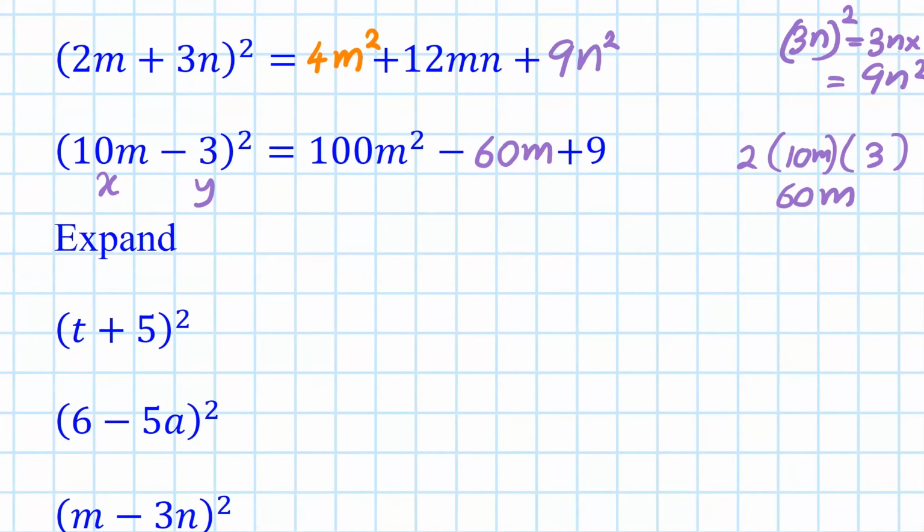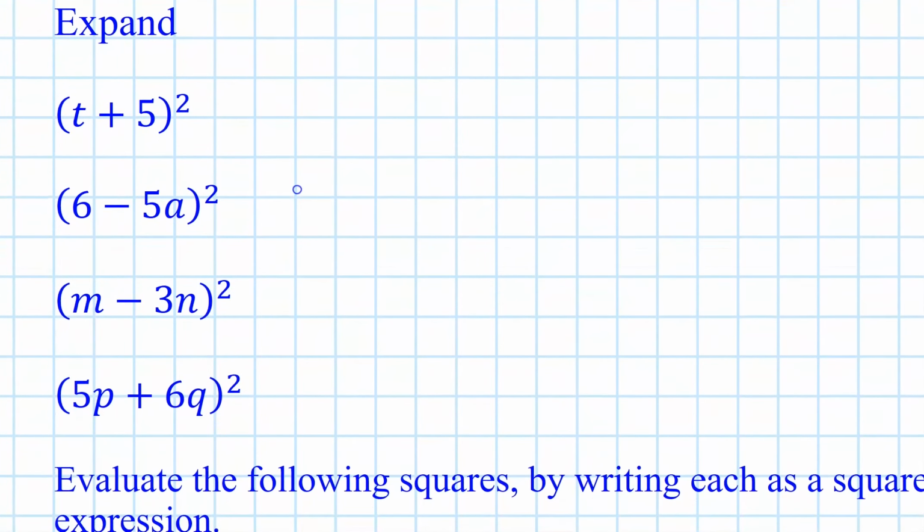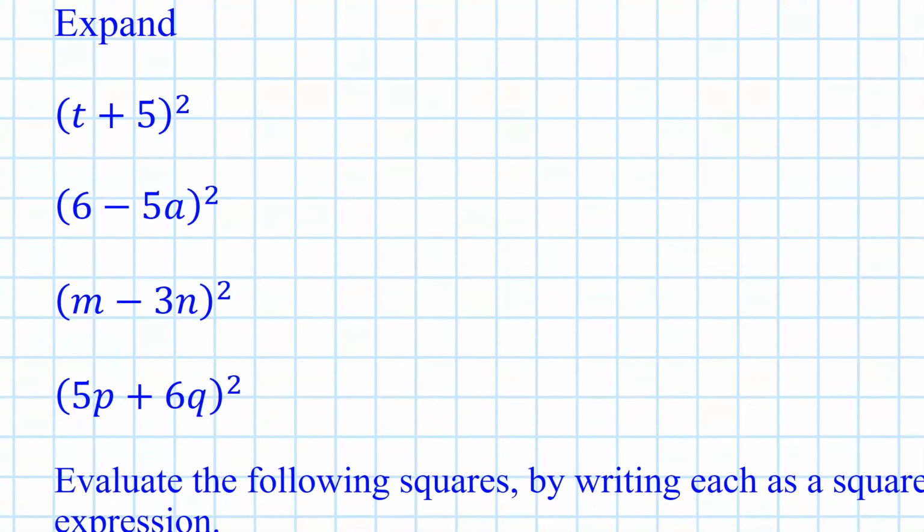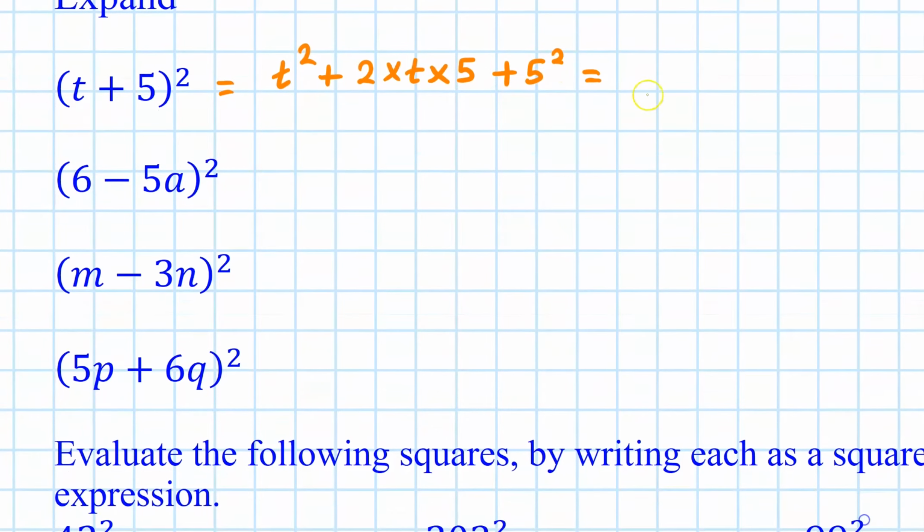Okay, let's start expanding this. We'll try to do this a bit quicker. Okay, first one. t squared plus twice the product, 2 times t times 5, plus 5 squared. Therefore, once you simplify each term, we get t squared plus 5 times 2, 10t, plus 25.